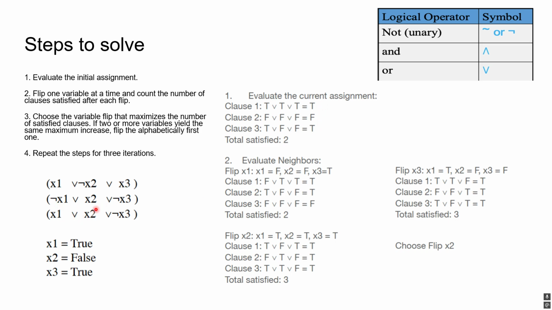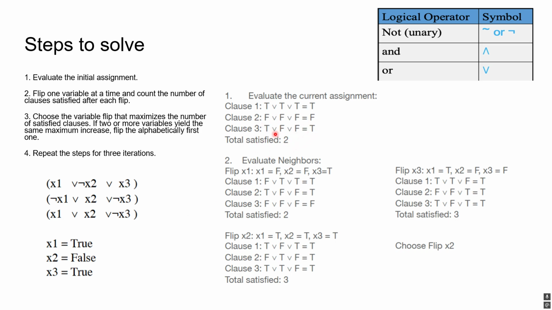Same with the second clause. As you can see, it's an anti-Boolean, so it's false, false, false, and it results in the entire statement being false. For the third clause, x1 or x2 or not x3, this will be true, false, false.